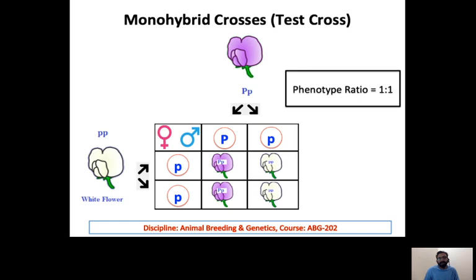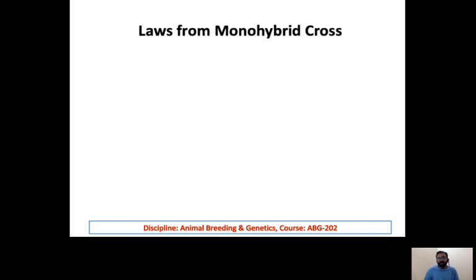I hope you grasp the concept of this test cross. Now, based on these experiments, the monohybrid crosses, Mendel generated a couple of laws.